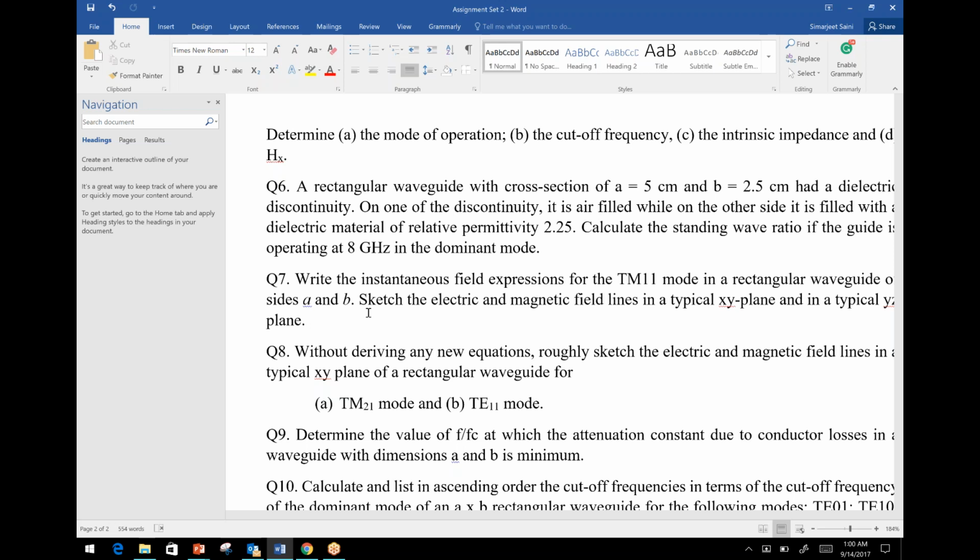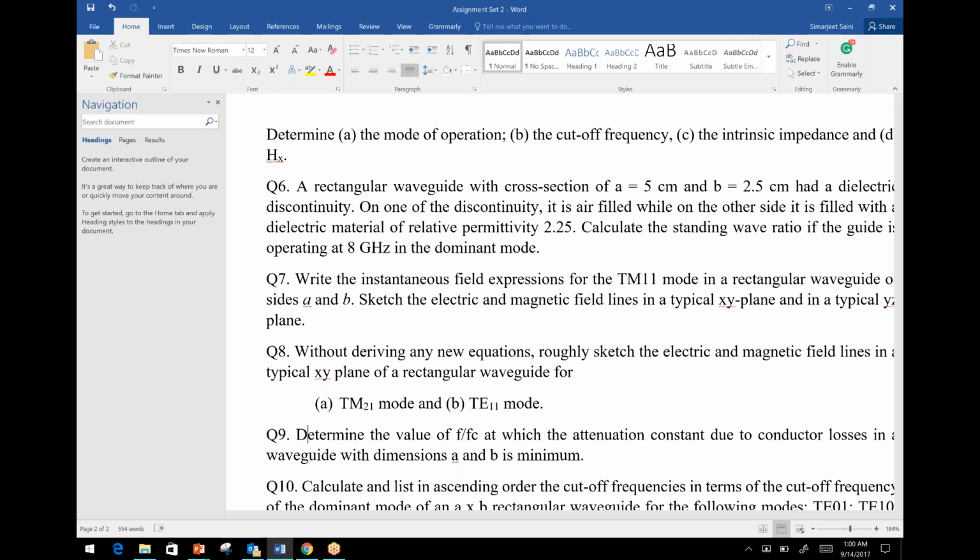I want you to basically understand what 2 and 1 means, and then try to sketch the electric field and magnetic field lines for a TE21 mode and a TE11 mode. So I want you to conceptually draw these lines rather than going and sitting, writing an equation and then figuring out what that equation means.